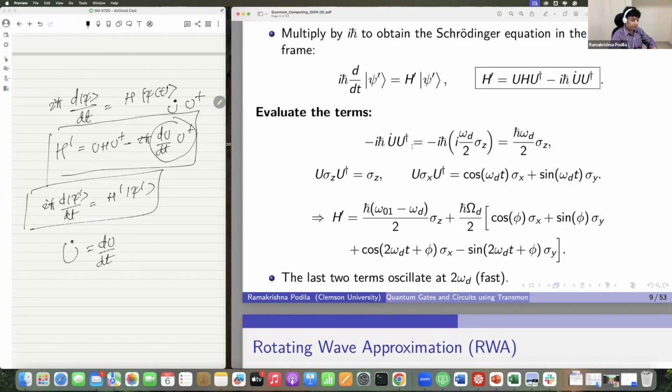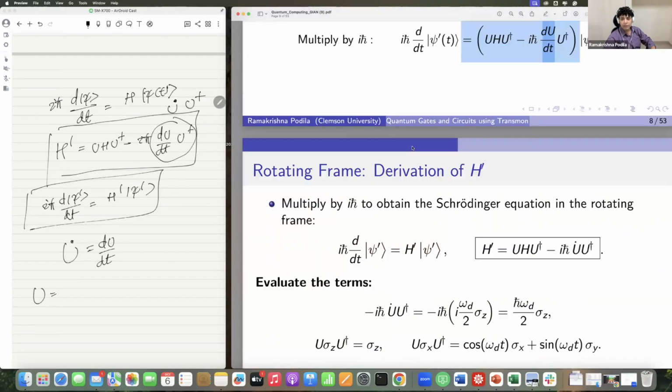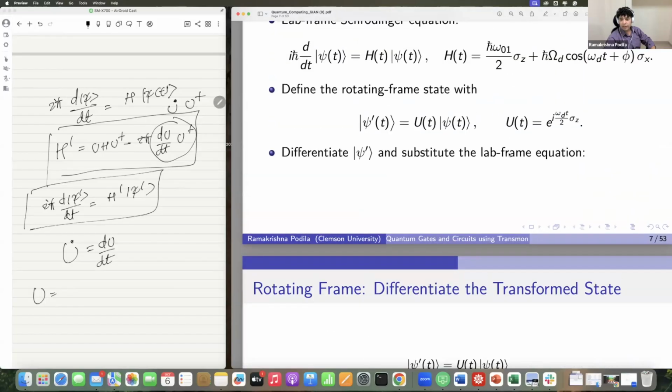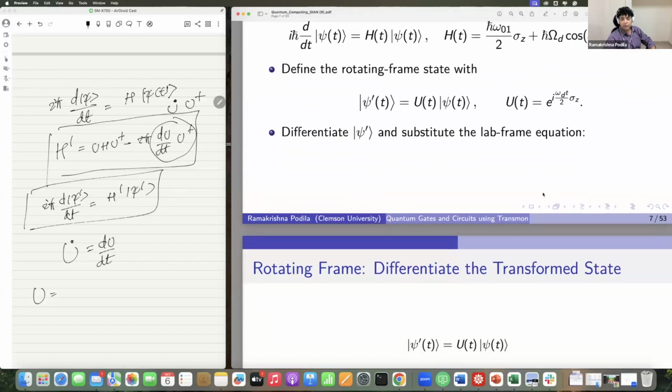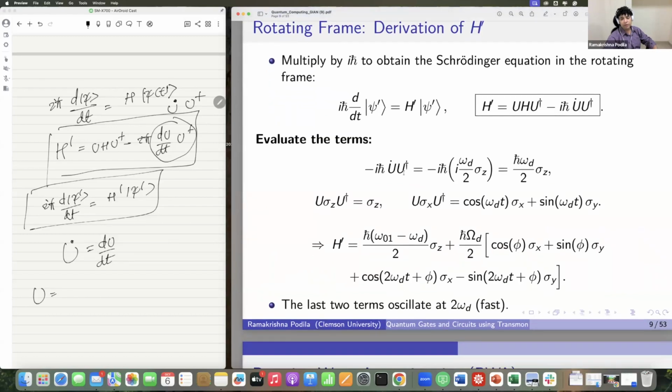And we saw that U is equal to e to the power minus whatever terms we put in here. So we are going to use that. The exponentials are going to get canceled out, because you have U and U dagger, so the exponential terms would themselves cancel. But when you do the derivative dU by dt, this term is left out.